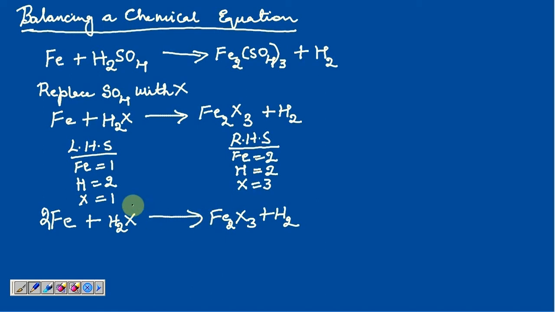Next we'll see X. Hydrogen and oxygen you can always keep for later, or for the last part of balancing the equation. So we'll look at X now. X is 1 on the left hand side and 3 on the right hand side. So what do we do to balance X? We have to multiply X by 3 on the left hand side.